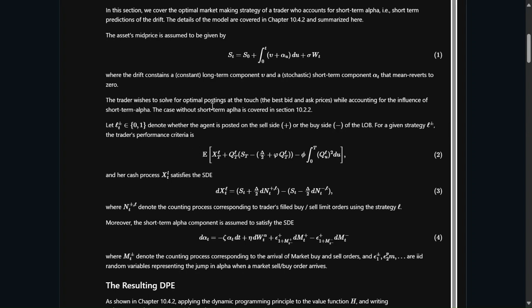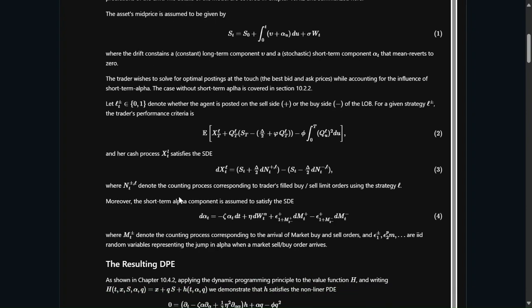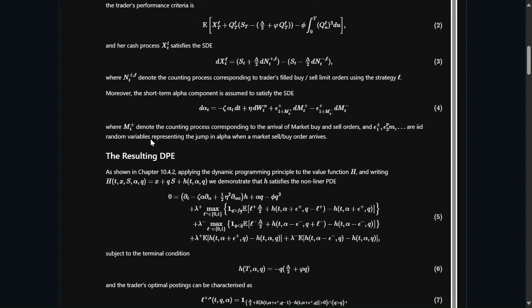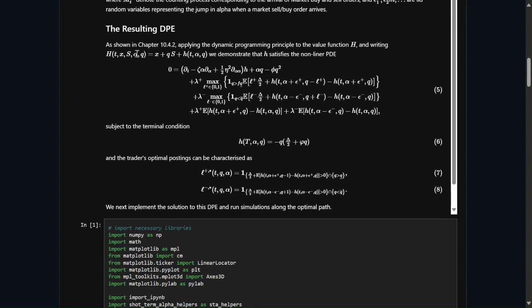Okay. So once we've got the resulting dynamic programming equation here, bear in mind that this is non-linear, and here are all the optimal postings that we've got to work out. These are the optimal postings that the trader should make.